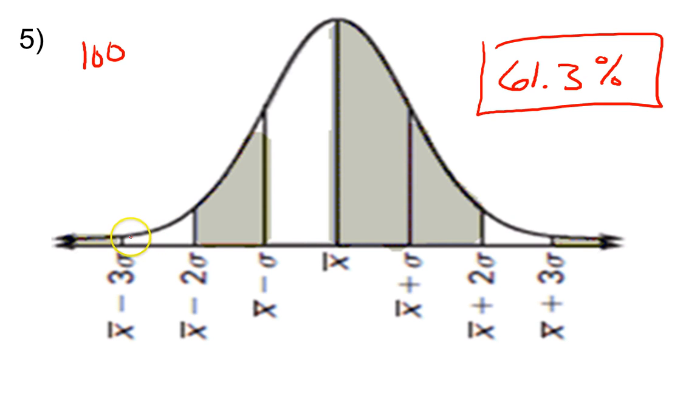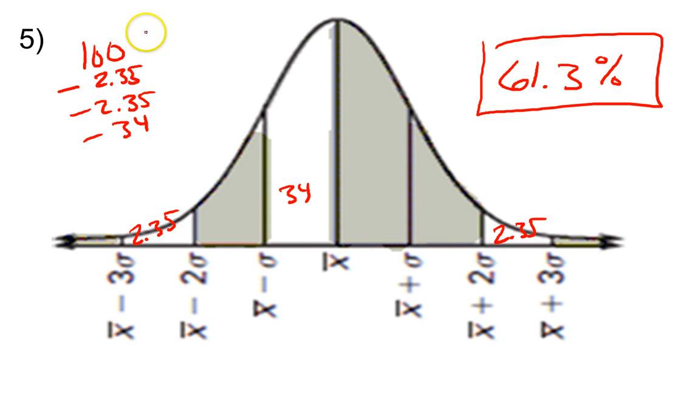I could subtract this 2.35, subtract this 34, and subtract this 2.35. So 100 minus 2.35 minus 2.35 minus 34. Once again, you're going to get 61.3%.